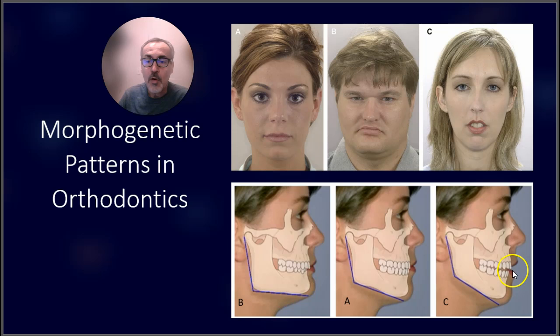Those patients, we can open their bites with treatment very easily. So if you're trying to open the bite on a hyperdivergent, that happens very fast. And with that, what it means is any extrusion of the posterior teeth, any premature contact will prop this bite open in no time. So this is sort of a danger zone.